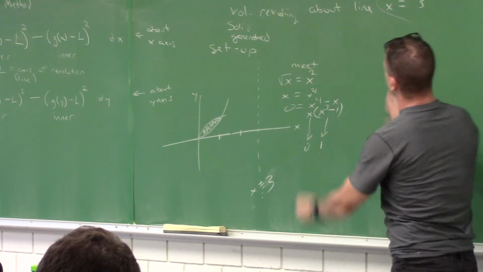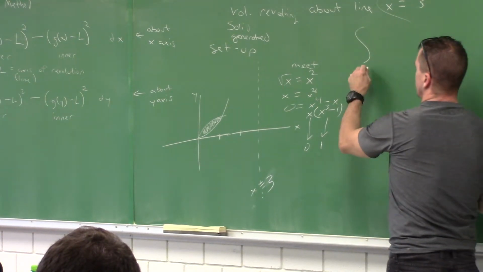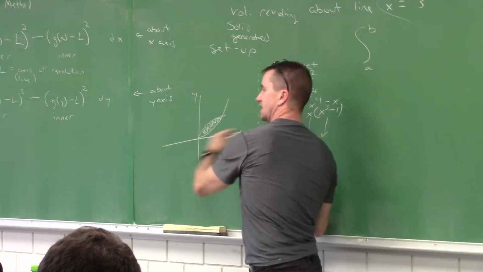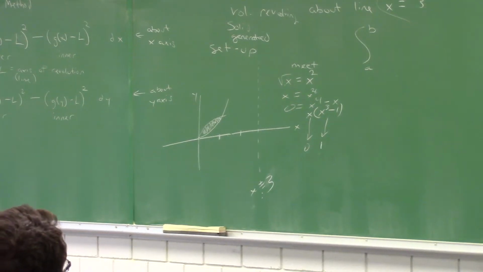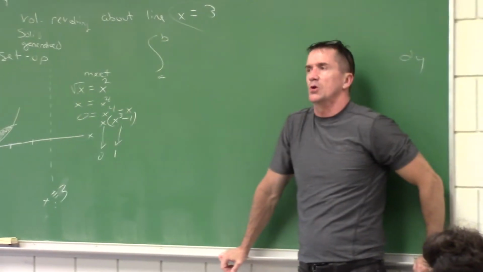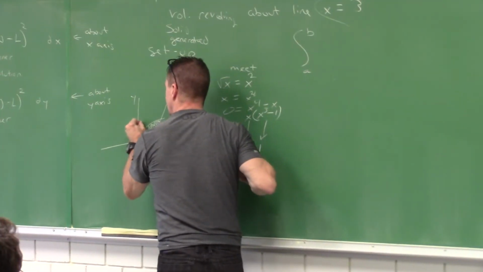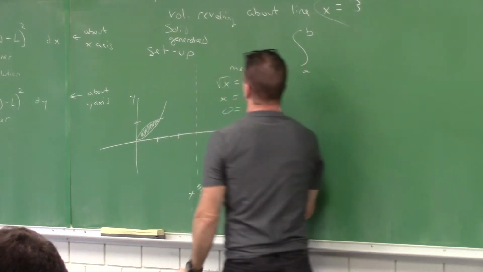So I'm going to start setting this problem up. They meet at x equal to 0 and x equals 1, but the a and b values, because I'm going around x equals 3, this is all going to be dy. So don't we need the y values? What's this y value? 0 to 1?